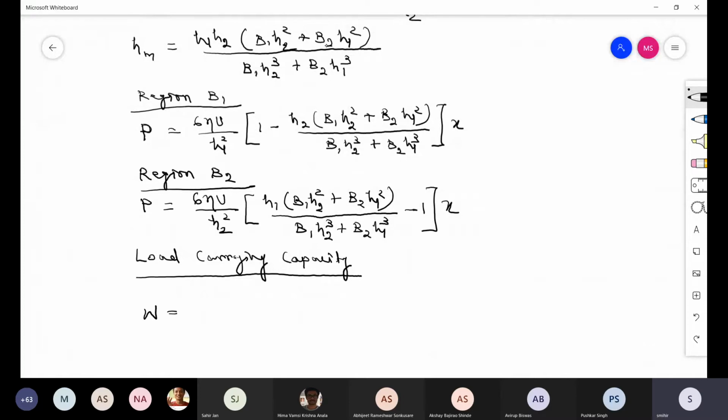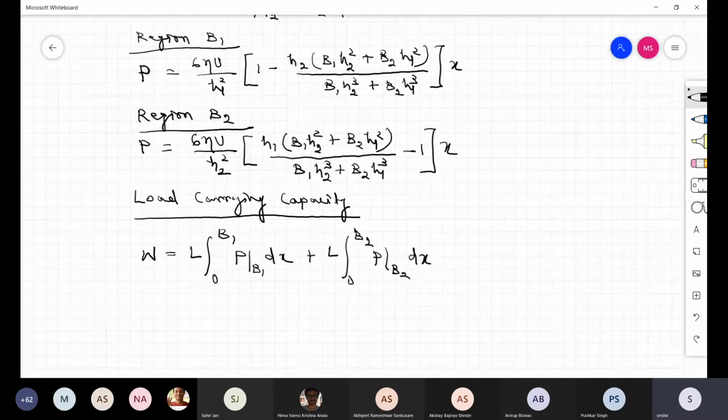This is an infinitely long bearing, so L is very large, so we do not have to integrate, or we are not finding any pressure along L. So 0 to B1, the pressure for region B1 dx, plus 0 to B2, then the pressure for region B2 dx. So if you integrate it, you will get W.